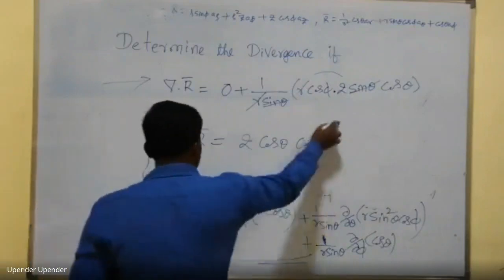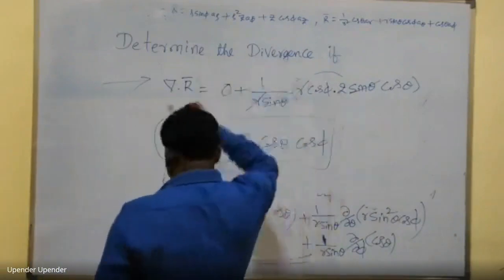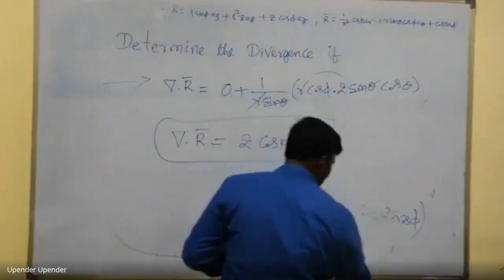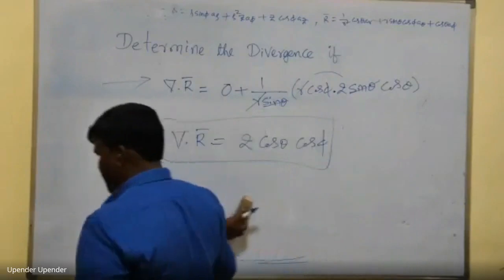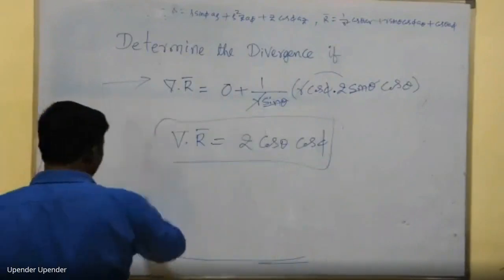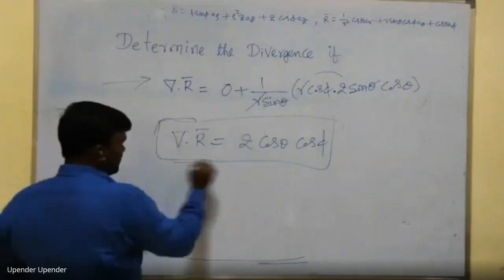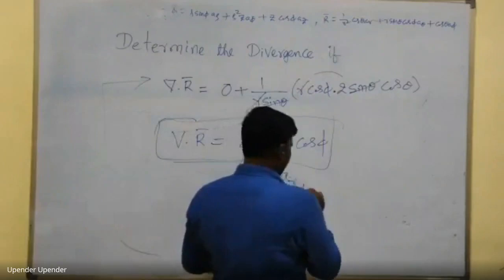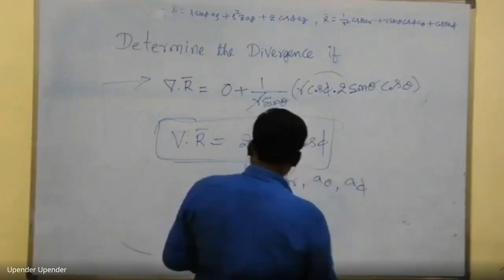This is about the calculation of the divergence of given vector fields. If you observe this divergence result, there are no vector components like A R, A theta, A phi in the resultant value.